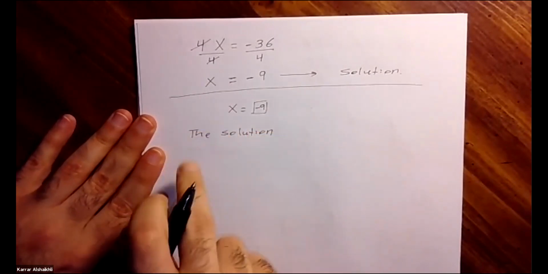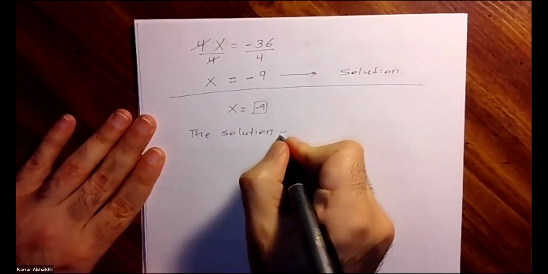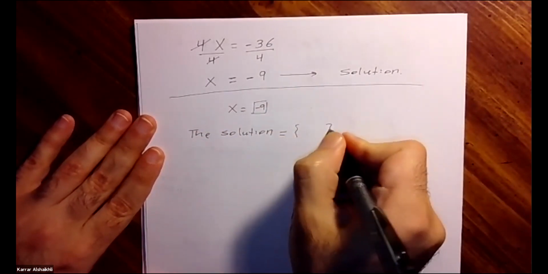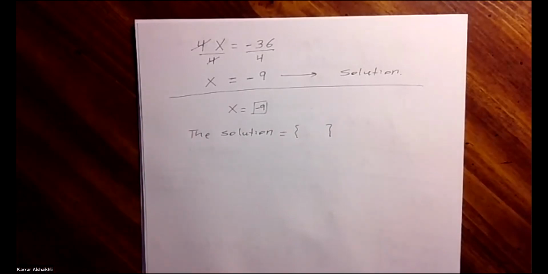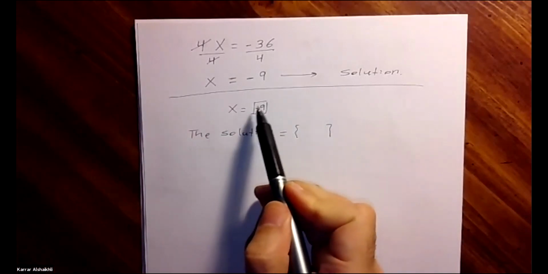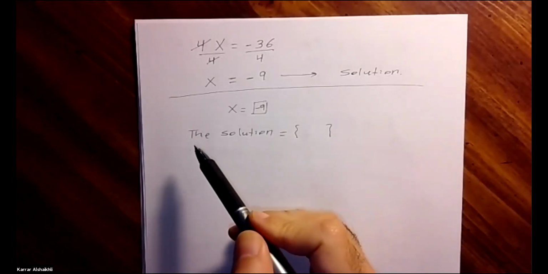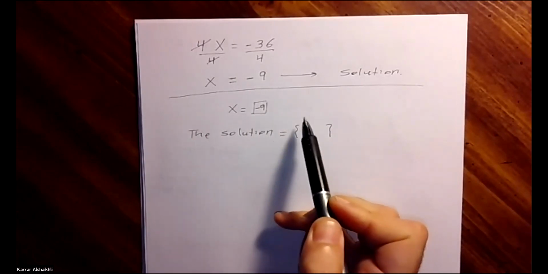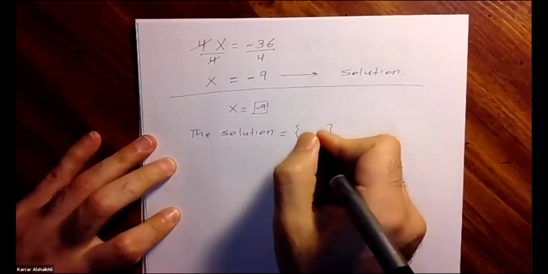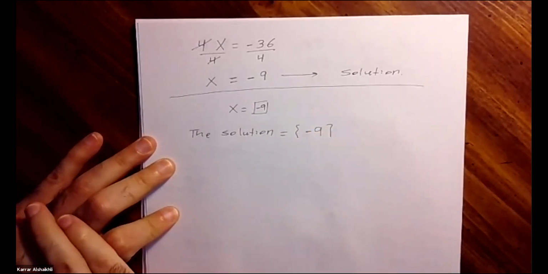This is important. Sometimes you can write the solution, but you're going to plug in the wrong one. And they give you 2 parentheses. So if they give you x equal a square, you're just going to write down the -9. If they're telling you the solution equal 2 parentheses, you're just going to write down -9.